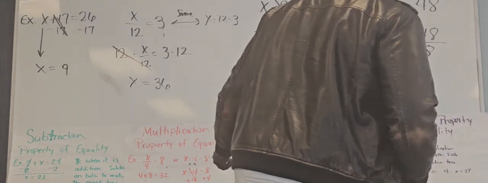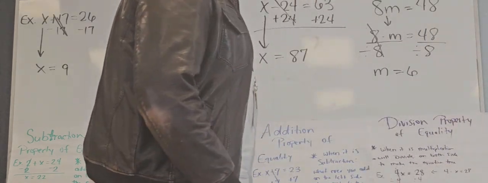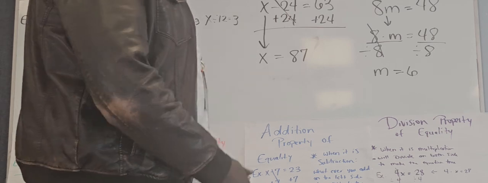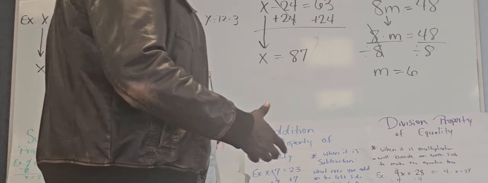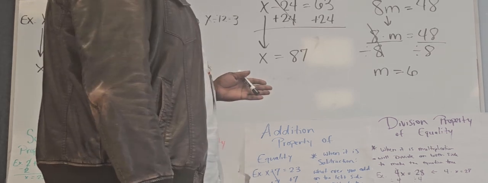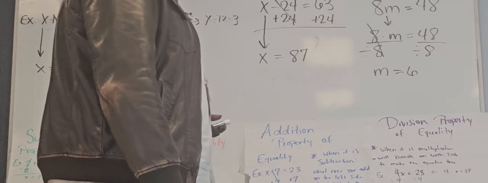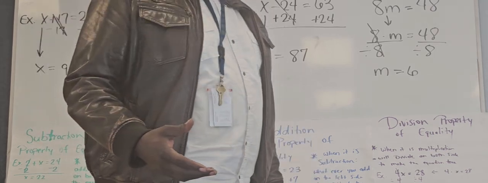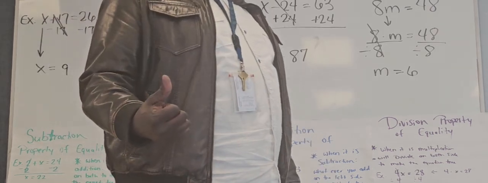And just like the other three, whatever you divide on one side, you have to divide on the other side to make the equation true. That goes for all of these operations under the properties of equality. Whatever operation you use on one side, you have to use it on the other side to make it true.